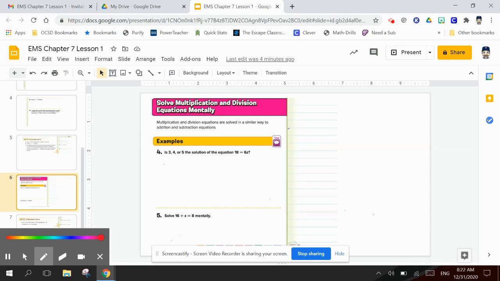So, solving multiplication and division equations mentally. Multiplication and division equations are solved in similar ways to addition and subtraction. We look at doing the opposite, or filling in our values. So number 4 says, is 3, 4, or 5 the solution of the equation 18 equals 6z?